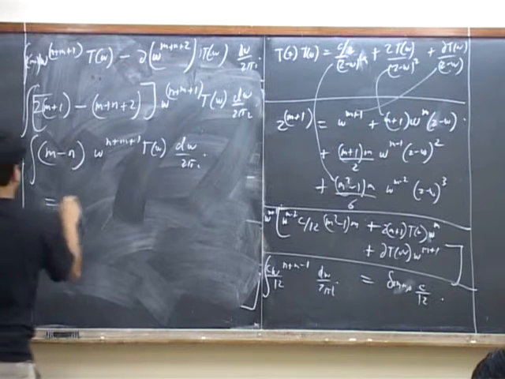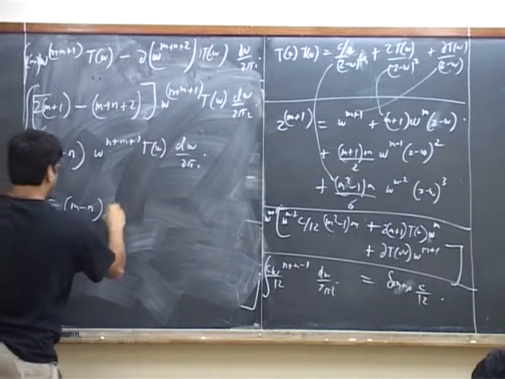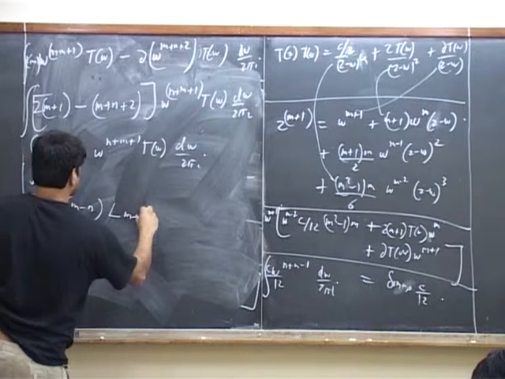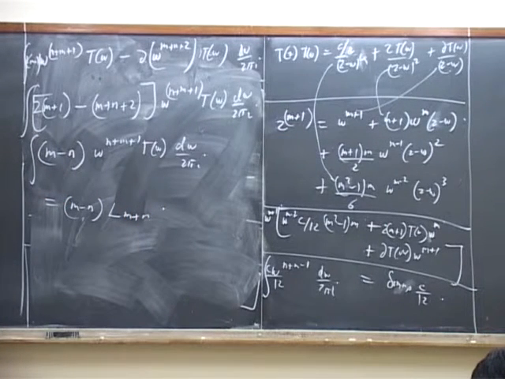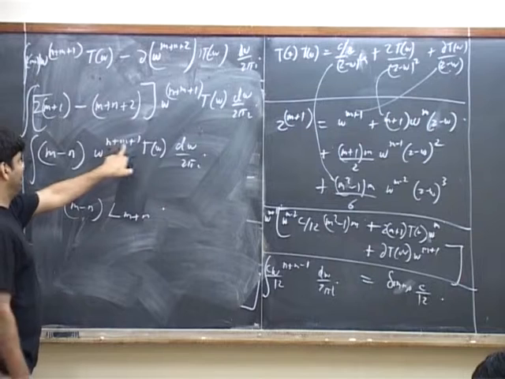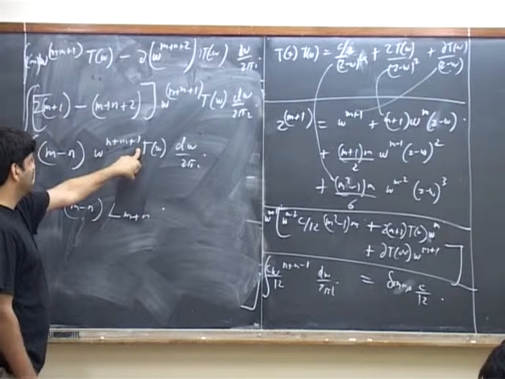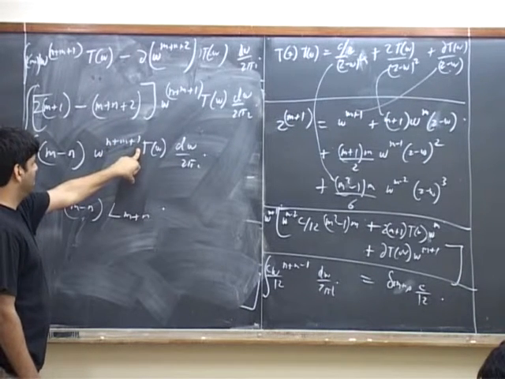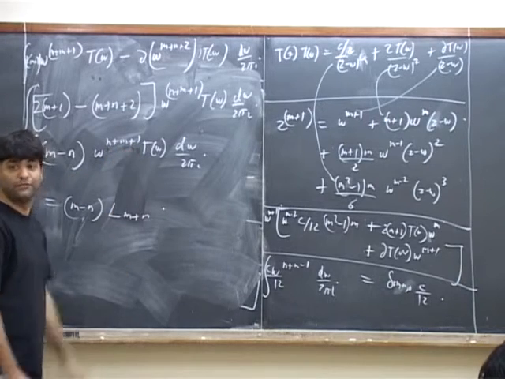And now this is simply m minus n times L of m plus n, right, because this is the thing you multiply by to isolate out the coefficient there.